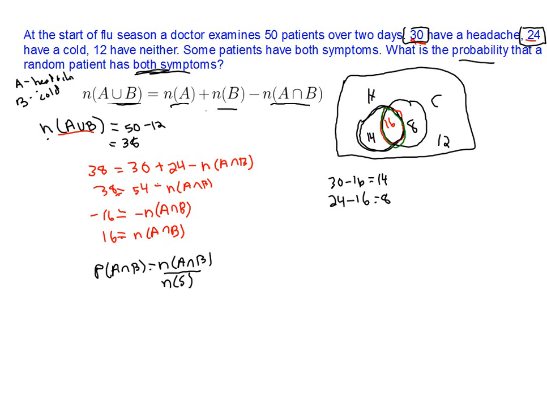So the number of people who have a headache and a cold is 16. The total number of people was 50. And now we have this fraction that we can reduce to 8 over 25.